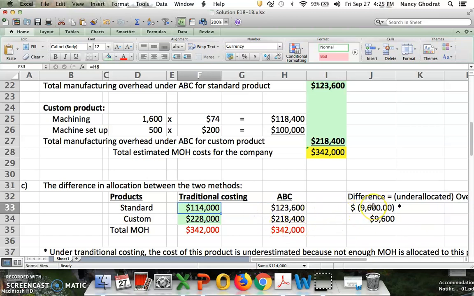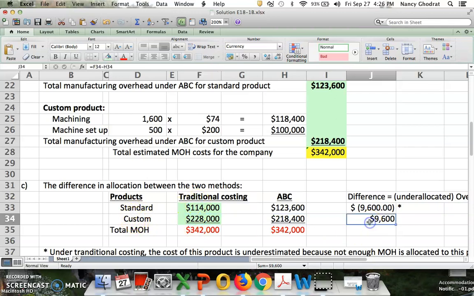Whereas the same $9,600, when you compare the custom products, traditional costing manufacturing overhead versus the ABC approach, you see that we have given too much manufacturing overhead under traditional costing to this product.